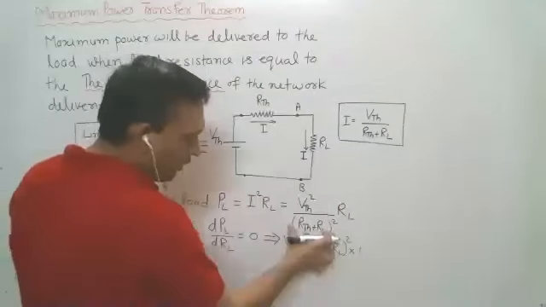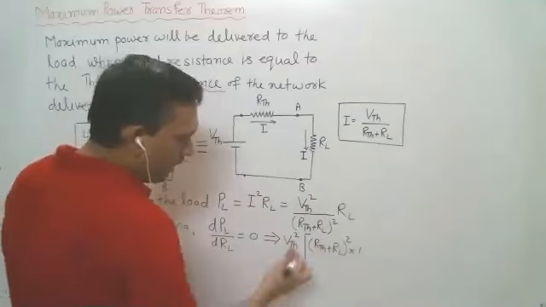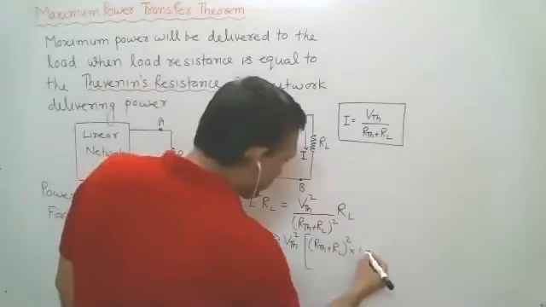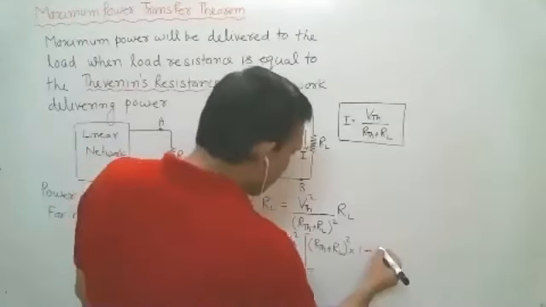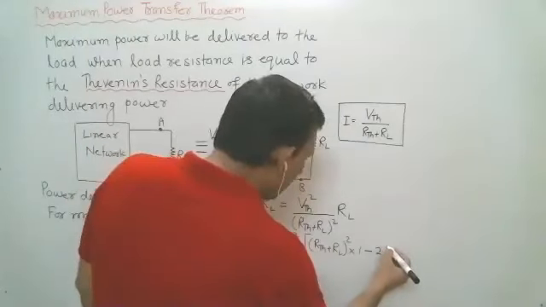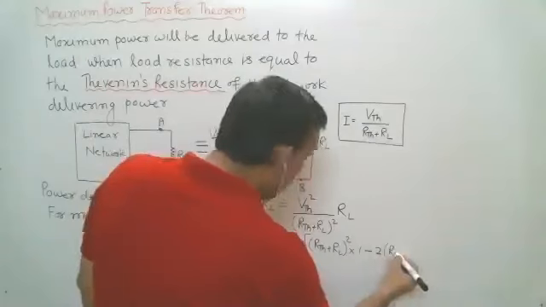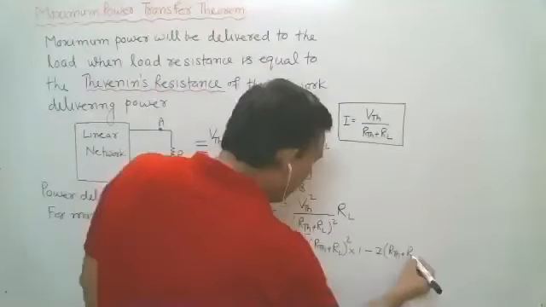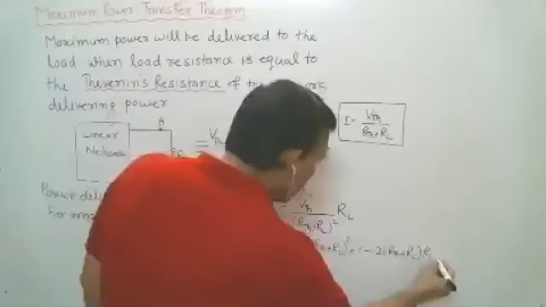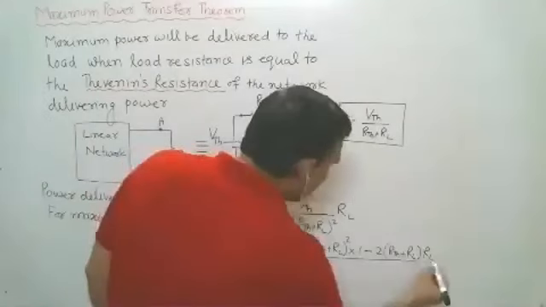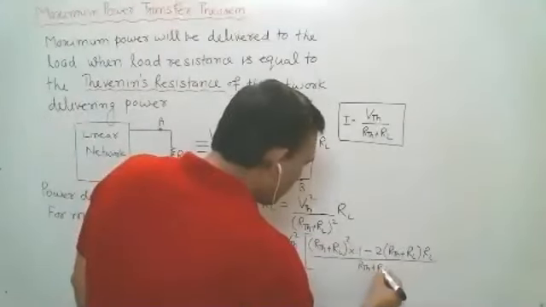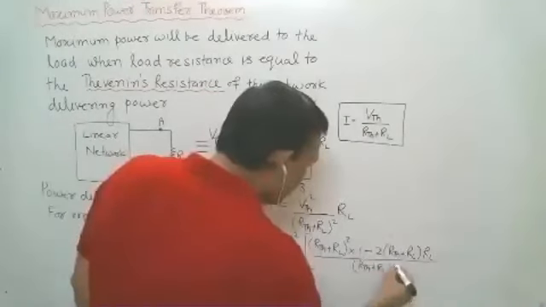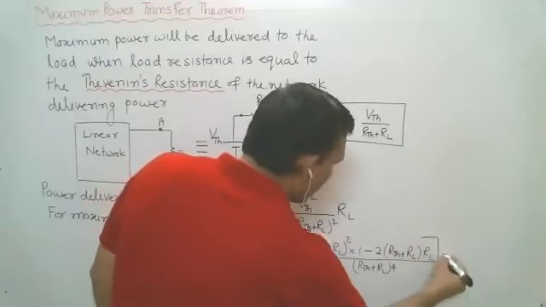So this is numerator into differential of denominator minus, you have to differentiate this twice, RTH plus RL into RL, and this is divided by RTH plus RL power 4. This will give you 0.